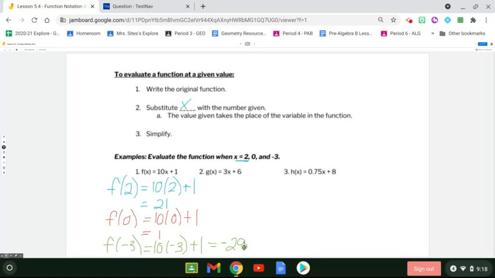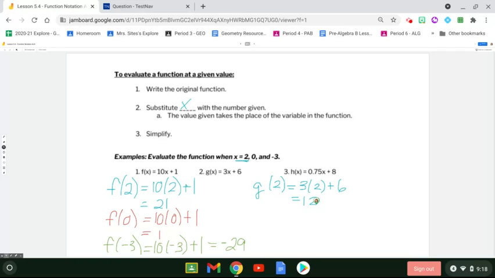Okay, you do the problems the same exact way. Who cares what the letter is in the front? So the next function is g of x equals 3x plus 6. So I'm going to evaluate this function at 2, 0, and negative 3. So g of 2 would be 3 times 2 plus 6. So 3 times 2, 6. 6 plus 6, 12.